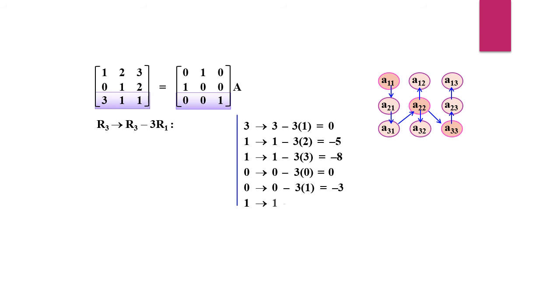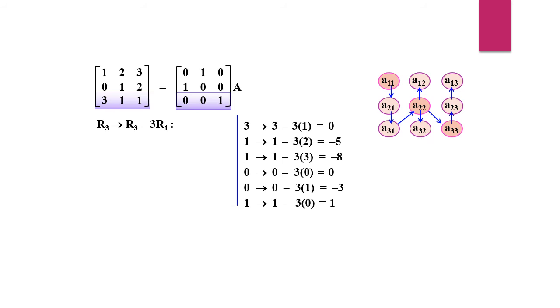Simplifying the terms, the first element of R3 is 3 minus 3 into the first element of R1, that is 1, we get 0. Next, the second element of R3 minus 3 times the second element of R1, we get minus 5. The third element of R3 minus 3 times the third element of R1, we get minus 8.